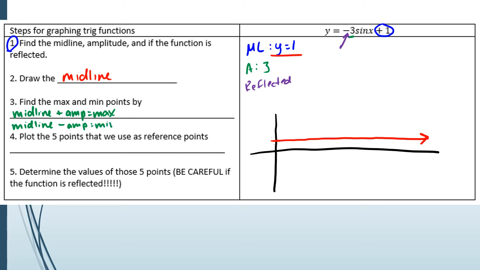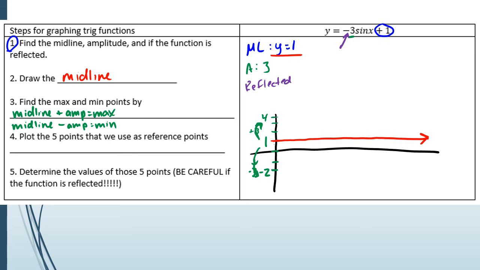So if this is at 1, our amplitude means we're going to go up 1, 2, 3. So 2, 3, 4. 1 plus 3 gives us 4. And then we can subtract 3 or go down 1, 2, 3 units to -2. So we're subtracting 3 to get to the bottom, and adding 3 to get to the top.